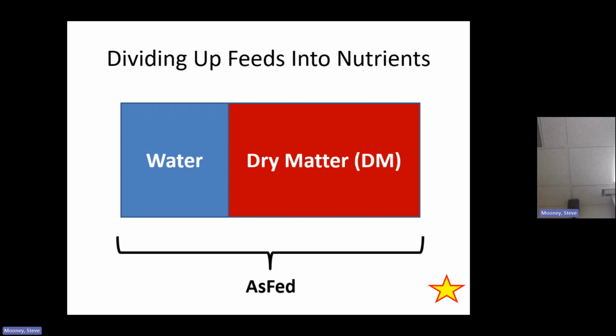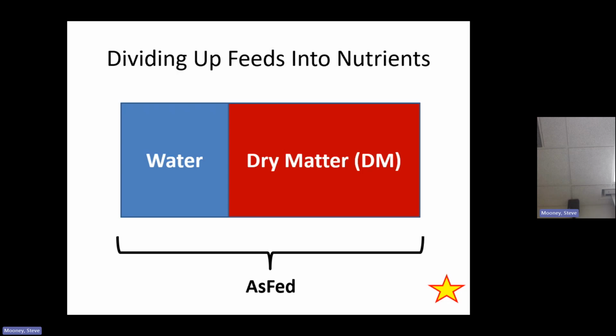That line between the blue and the red is going to vary depending on the feed, but we just did that division so everything fits in. We look at water or moisture in the feed and then dry matter. If we take the water plus the dry matter, we're looking at as fed. So the feed as fed.